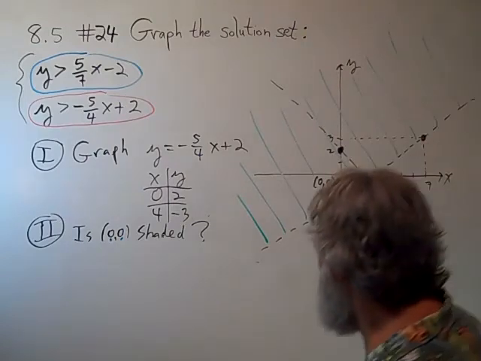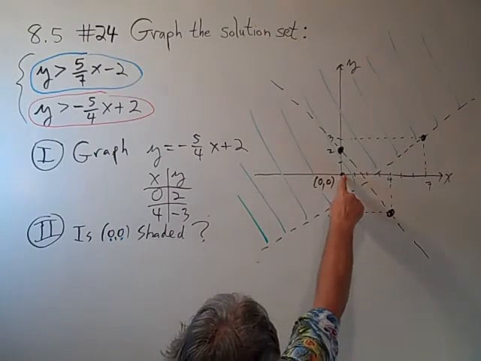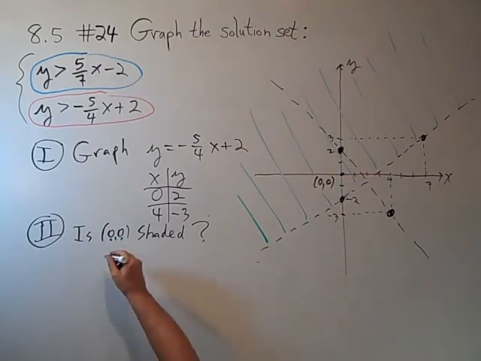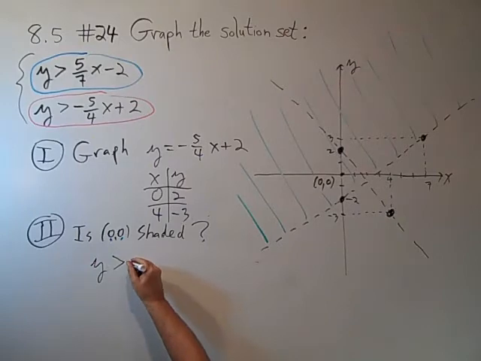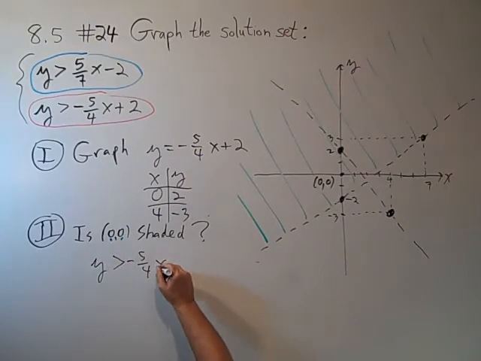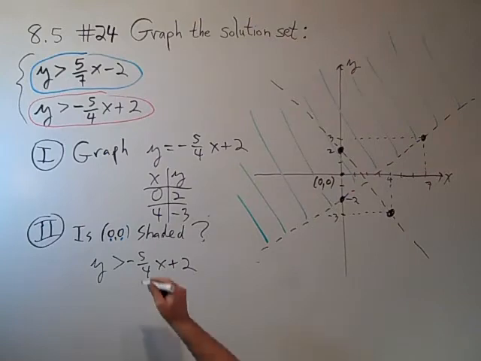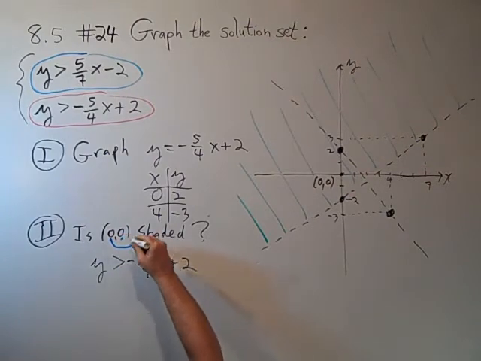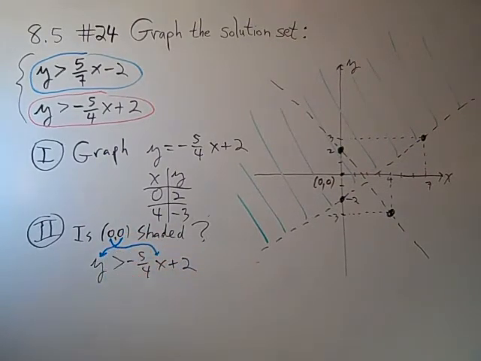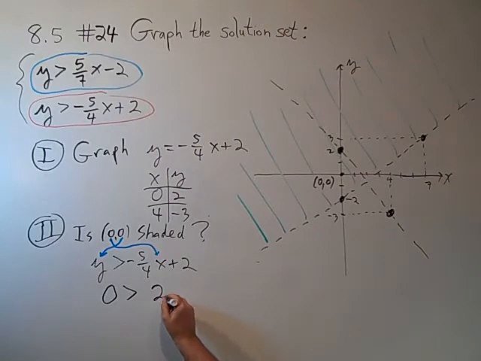Now we have to decide which side of that line to shade. Again, we ask, is the origin shaded? And we go to the original inequality, -5/4 x plus 2. Substitute x equals 0 and y equals 0. And see if it's true or not. We get that 0 is bigger than 2?